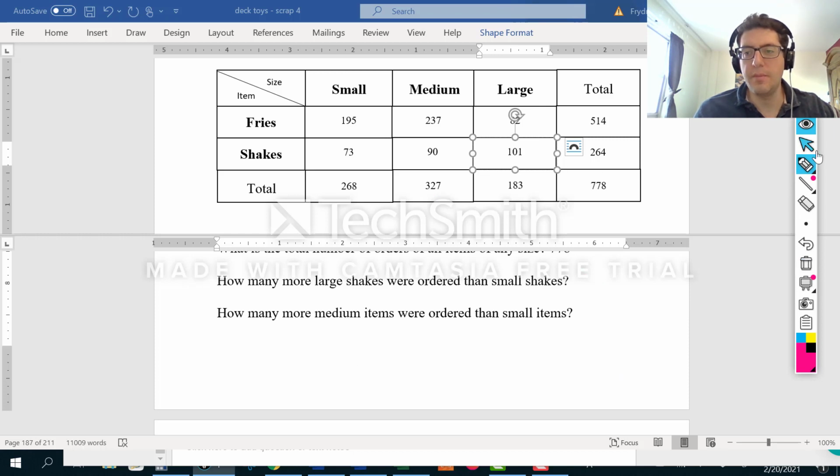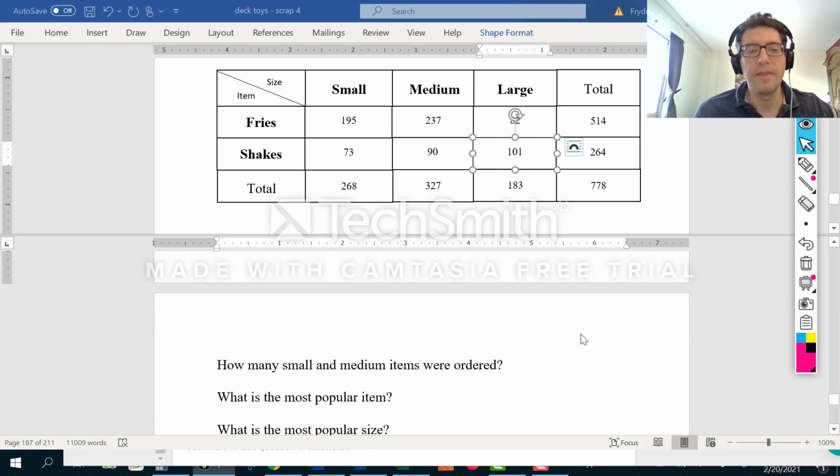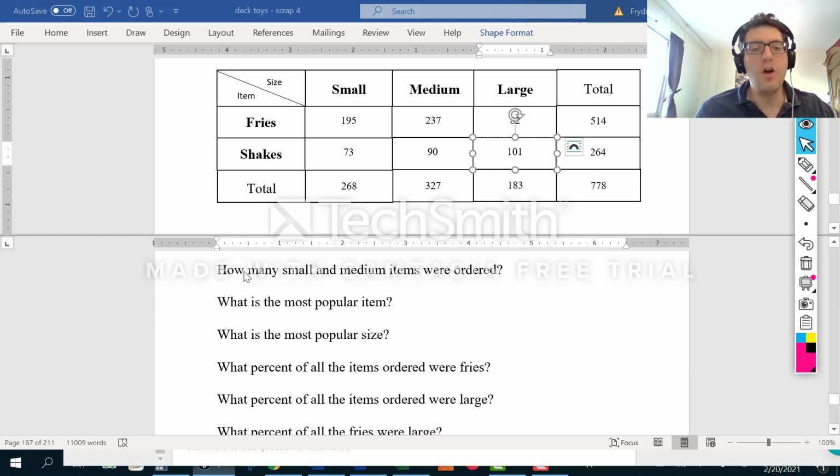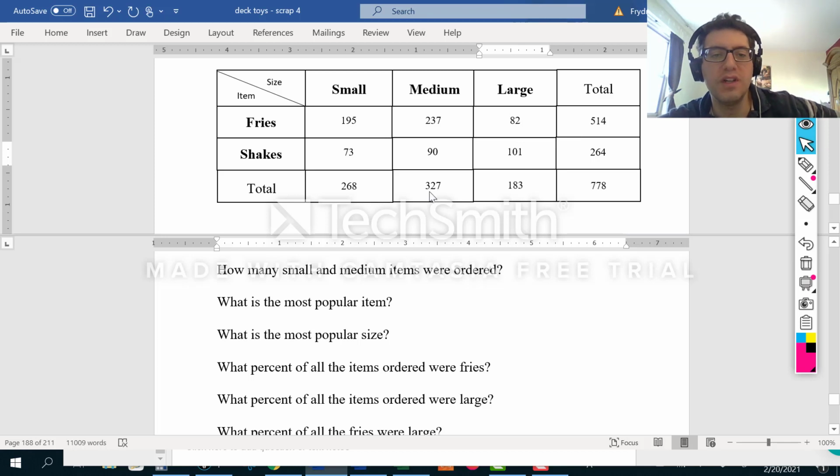Okay, I think I have a couple other questions here. How many small and medium items were ordered? Okay, so there were 327 medium items ordered. There were 268 small items ordered. Again, whether they were fries or shakes, it doesn't matter.